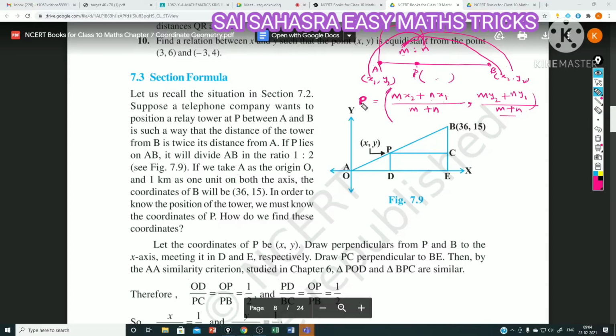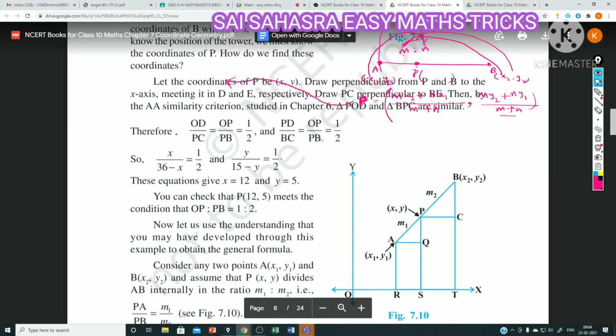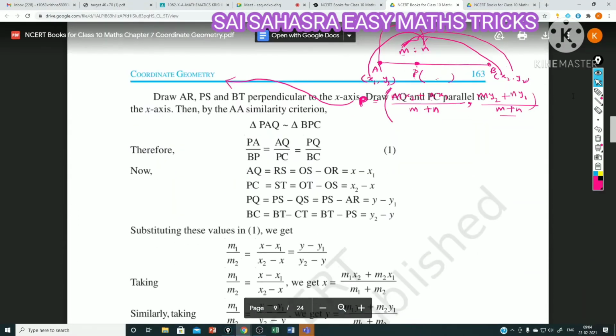So to know the dividing point in the given ratio, this formula is known as which formula? Section formula. Section means division here. So to know the dividing point, we will use that section formula. Please keep this formula in your mind, so that any question given we can answer very easily.